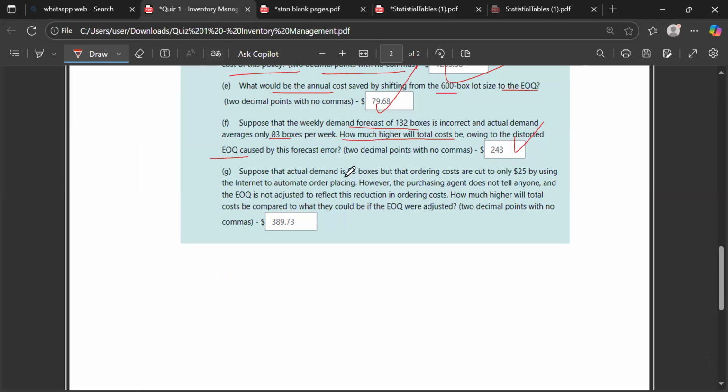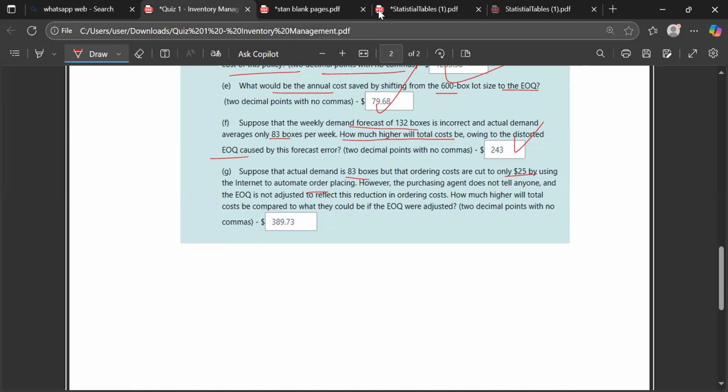So suppose that the actual demand is 83, and the ordering cost was 25, because we're using the internet to place an order. However, purchasing does not tell anyone, and the EOQ is not adjusted. With this reduction, how much higher will the total stocking cost be?